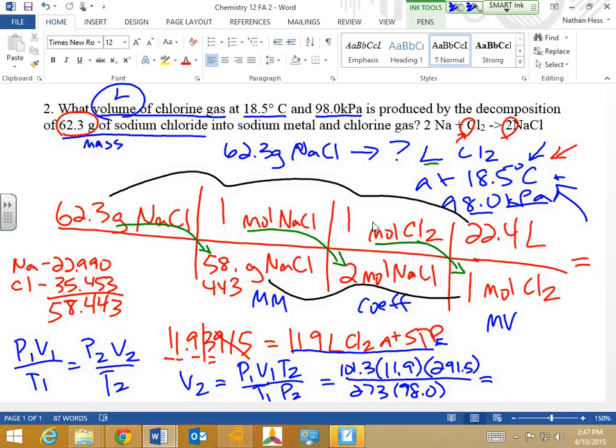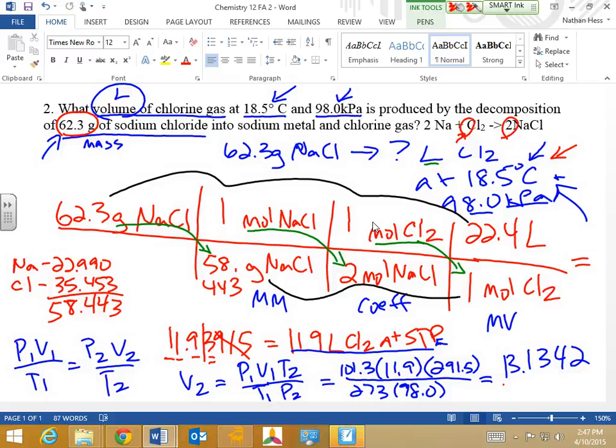I pop all those into my calculator. I say 101.3 times 11.9 times 291.5, that's all in one parentheses, divided by another parentheses, 273 times 98, close parentheses, and I get 13.1342, etc. Going back to my 62.3 grams and my 18 and my 98, those are all 3 significant digits.